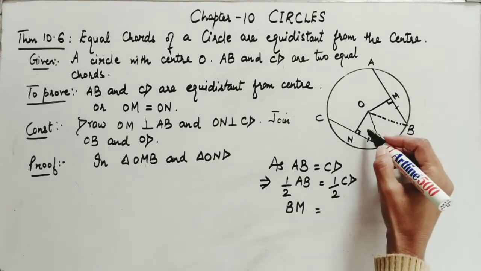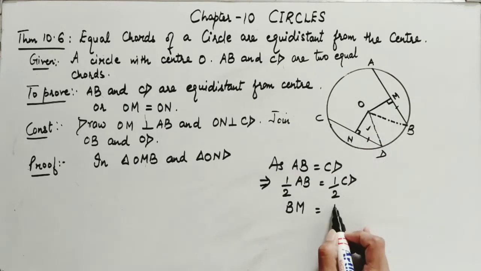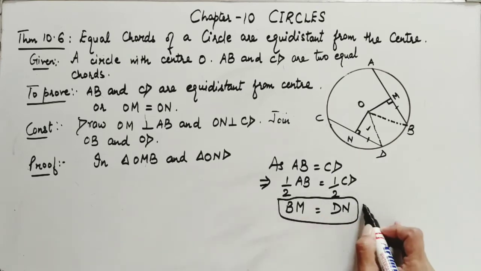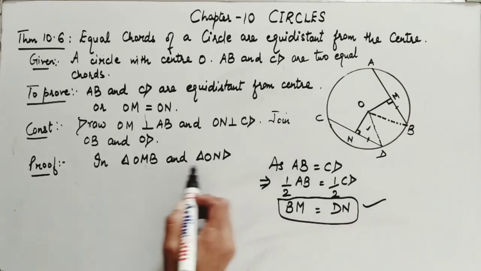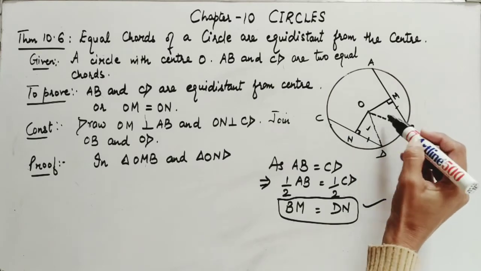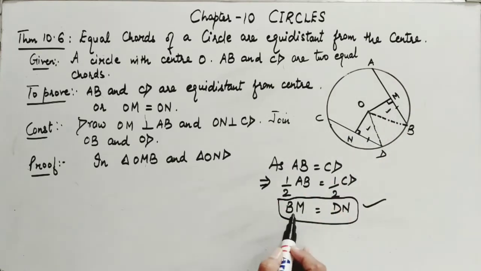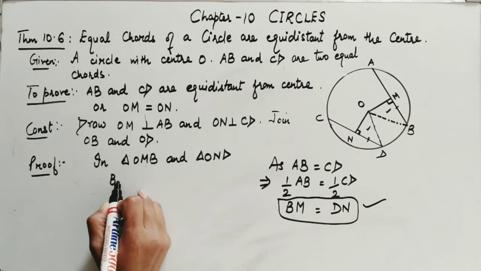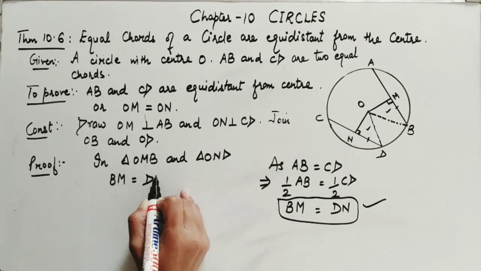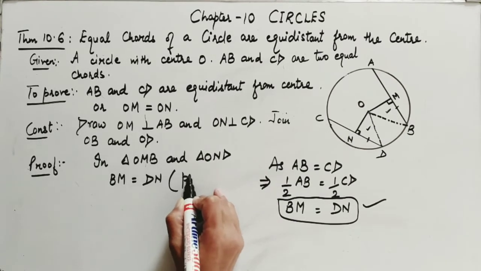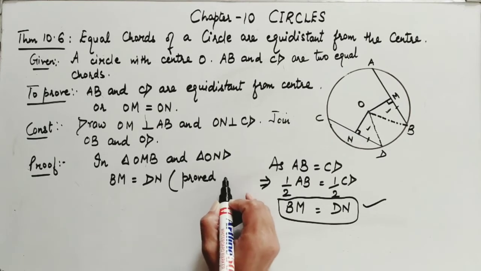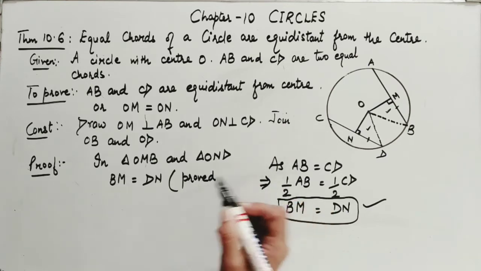Since we are dealing with this triangle, I would mention DN. This result will be used while proving these two triangles congruent. So I am writing here, in OMB and OND, BM is equal to DN, proved above.